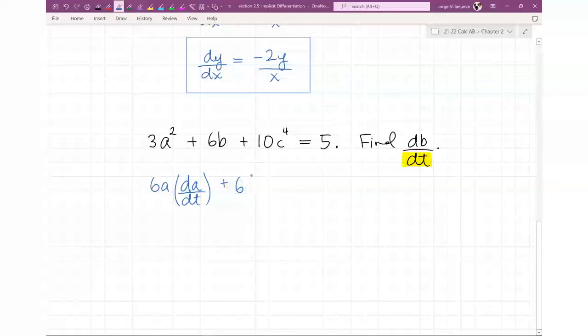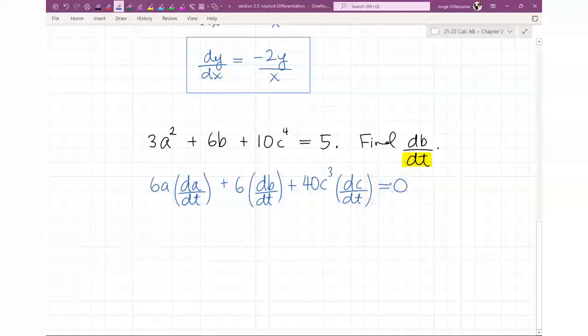What do I put after? db/dt. Plus, what's the derivative of 10c to the 4th? 40c cubed. And that's dc/dt. And then what's the derivative of 5? 0. So all I've got to do is solve for db/dt, right?